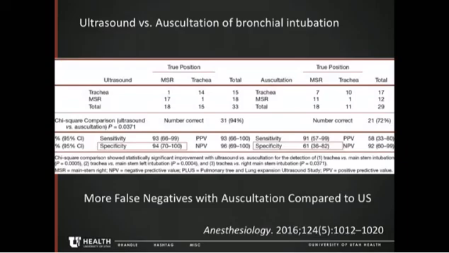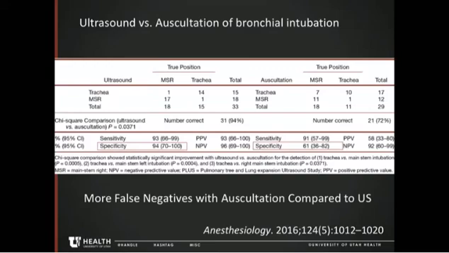So in this study, they actually simulated right main stem intubation, presumably with informed consent, and they compared our traditional technique for diagnosing main stem intubation, which is auscultation, versus ultrasound. And again, using those two steps, one looking at the balloon and the other one looking at our lung sliding and lung pulse.